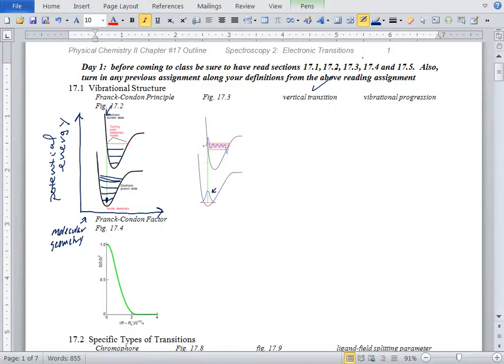Or you can think of it as the transition going to a wave function that most similarly matches the vibrational wave function down here. But the same is really a turning point, because you see how it's right here? There's a lot of amplitude there. So this really is similar to that.